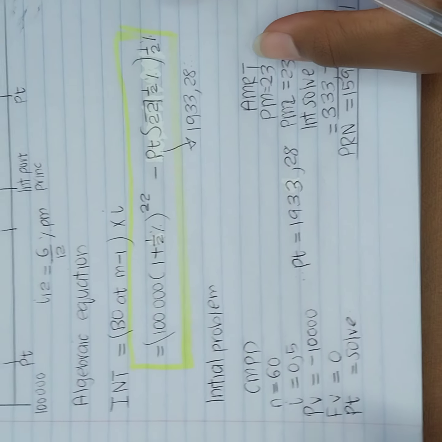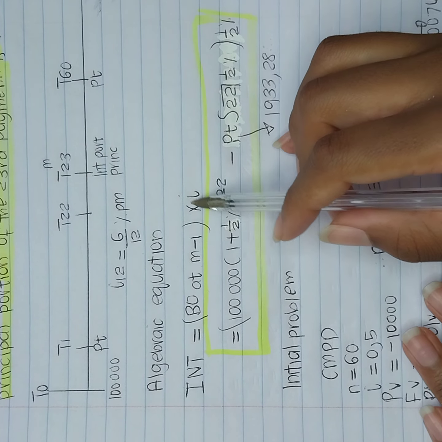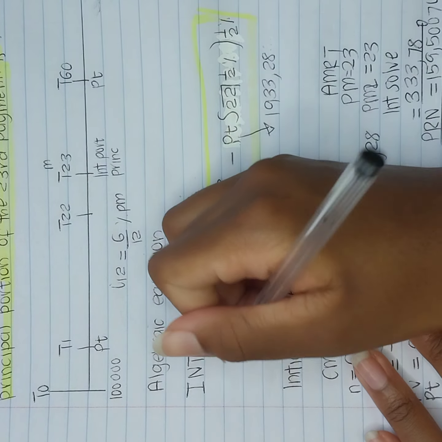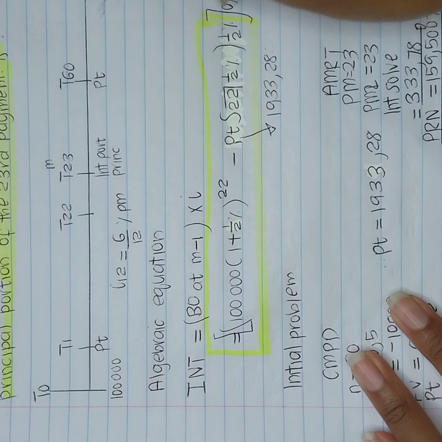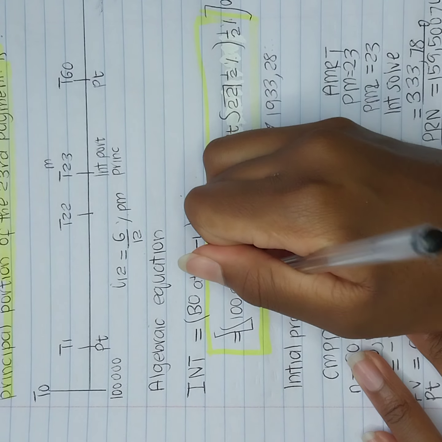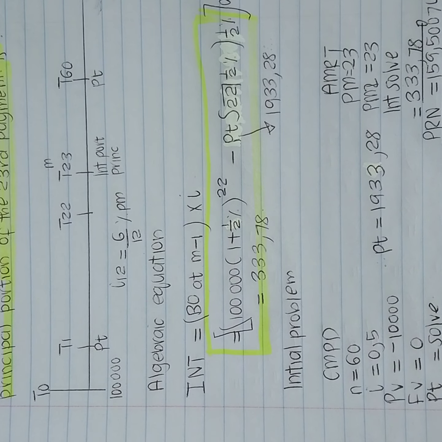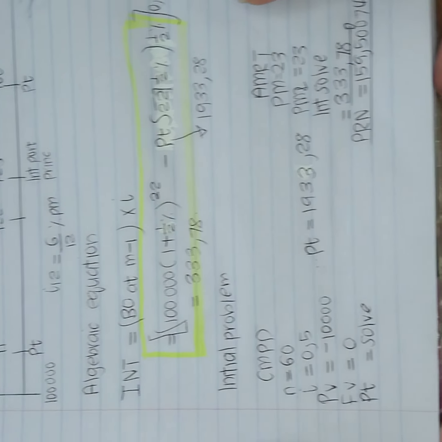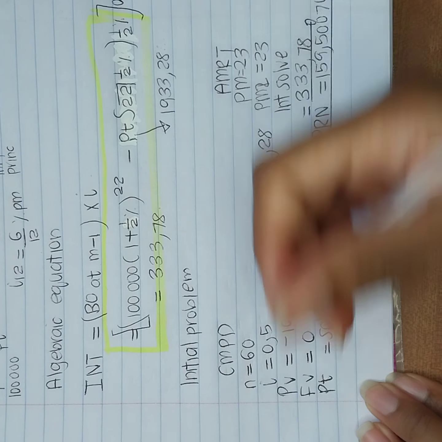So remember, the formula for the interest portion of the loan says balance outstanding at M-1 times our I. So this has to be multiplied by 0.5, and we get that the answer is 333.78. Okay, so let me also do the principal portion of the loan using algebraic equations.